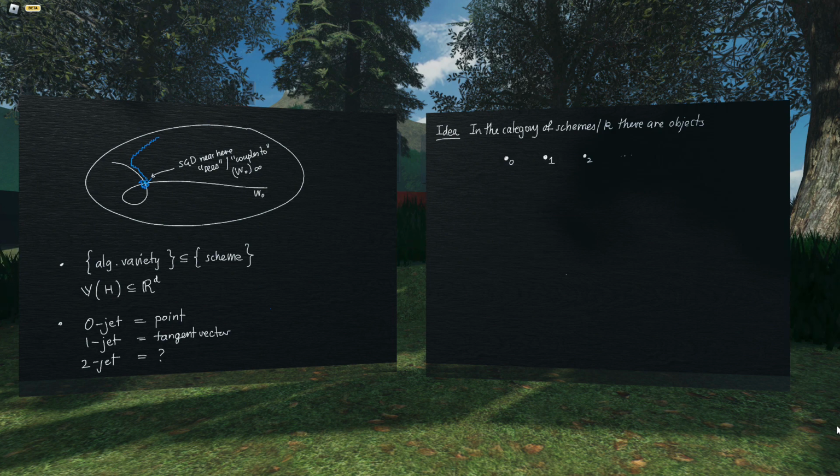I'm calling them point with a subscript, and I want you to think about 0 as being like an actual point, like a Platonic point. And 1 is a Platonic tangent vector. I'm actually going to define these in a second. This is something that is like more information than a tangent vector.